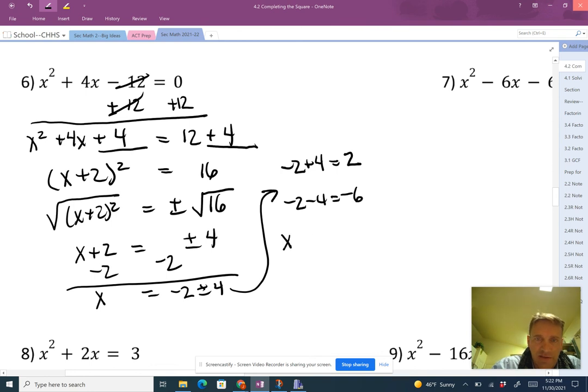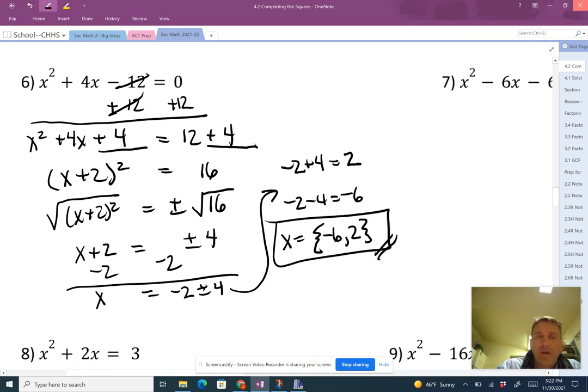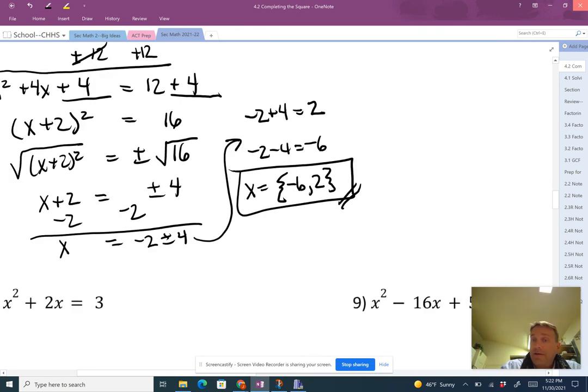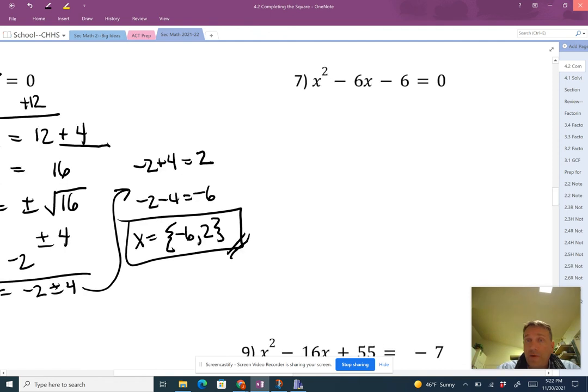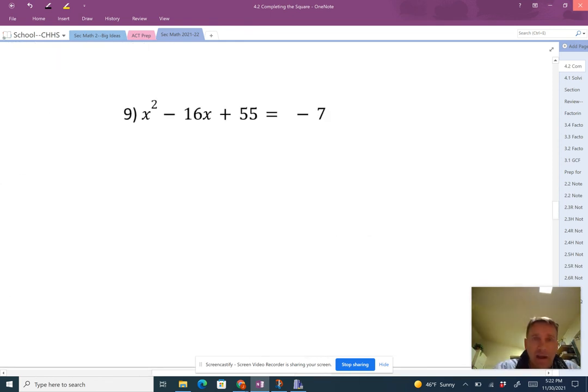And so x is equal to, sometimes we'll write it this way in set notation, negative 6 or 2 or vice versa. And I am going to skip 7 and 8 and let you guys do that one on your own. Look at number 9. I will go through number 9 with you.